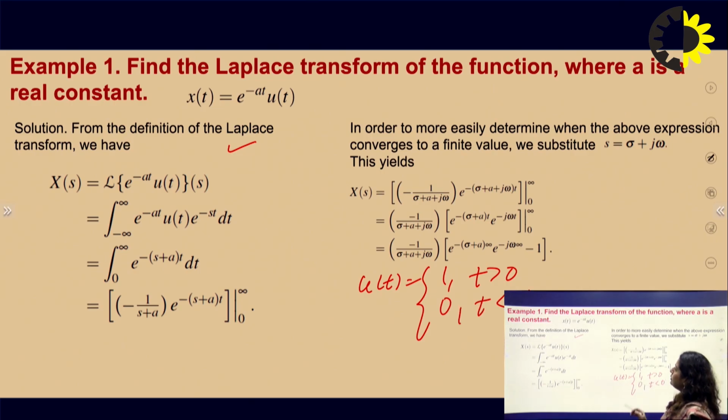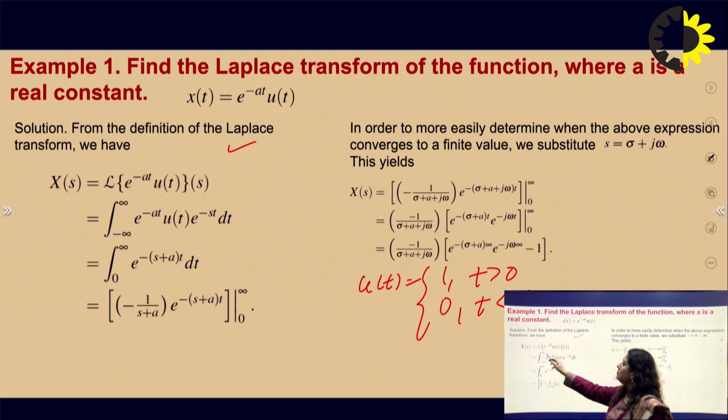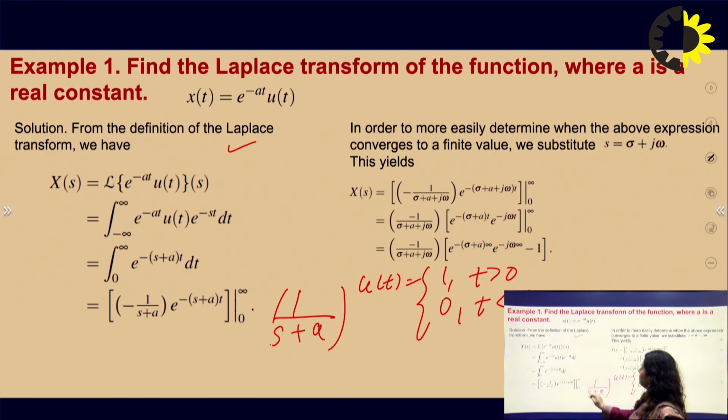So we know the limits are from 0 to infinity when any signal is multiplied with u(t). Here we transform e to the power minus at u(t) times e to the power minus st dt. For u(t) we just put 1 and the limit changes from 0 to infinity. By solving this, you get 1 upon s plus a, which is your X(s).